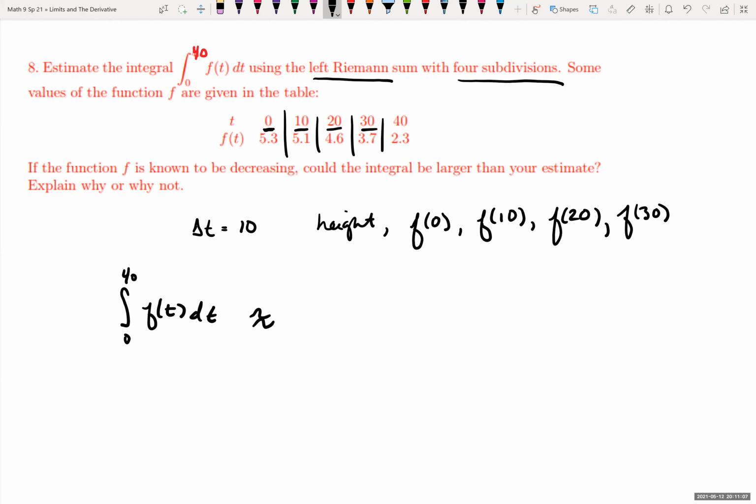We're estimating. And so we have 10, the width, we can factor that out. Sorry, not the height, the width. So we know these are rectangles, so it's width times height, width times height. So f of 0 is 5.3, plus f of 10, which is 5.1, plus f of 20 is 4.6, plus f of 30 is 3.7.